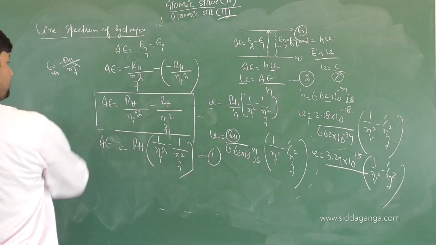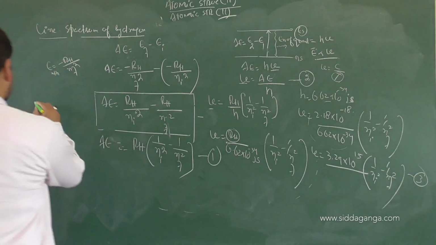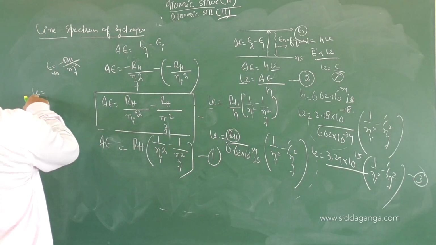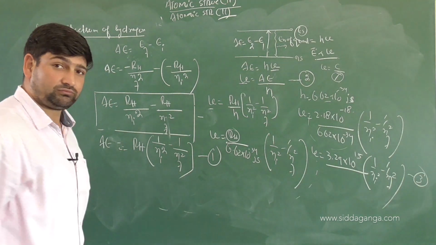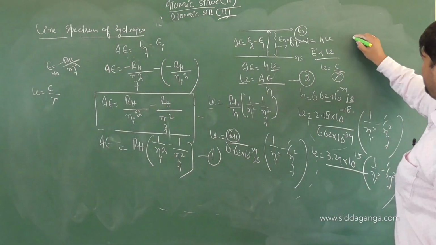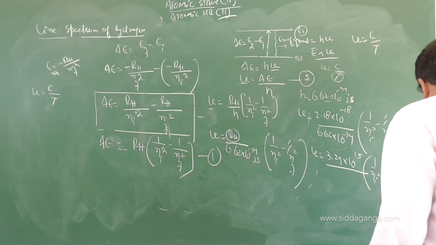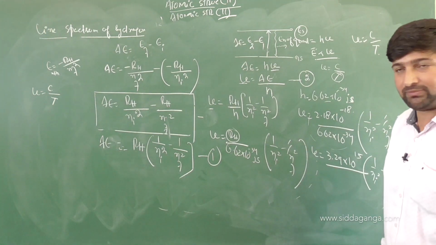Now use this equation, let us say equation third. We know children, frequency nu equals c by lambda.